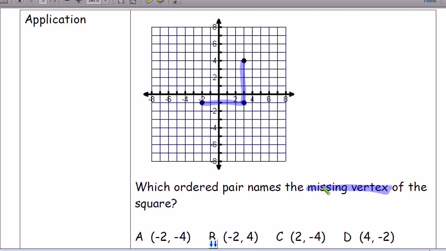vertex, that means the missing vertex of the square. We need to count the sides, and this is going to be 5. That means that if I want a perfect square, I have to go 1, 2, 5 this way. So 5 right here. 1.